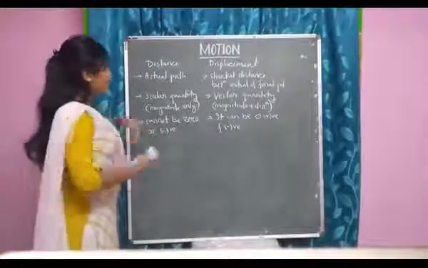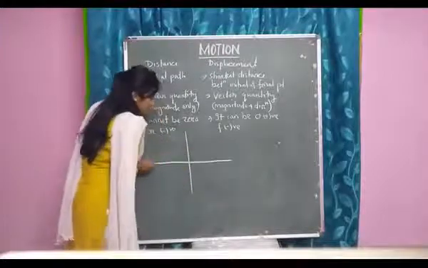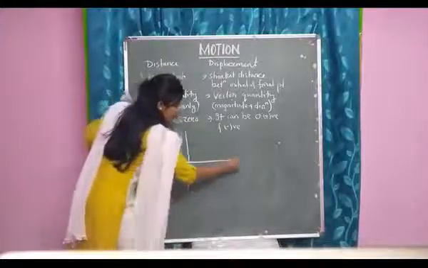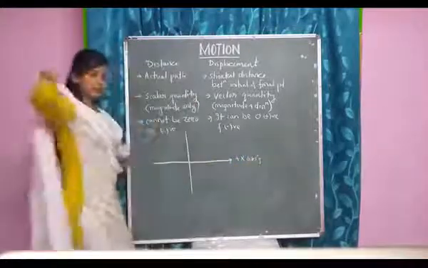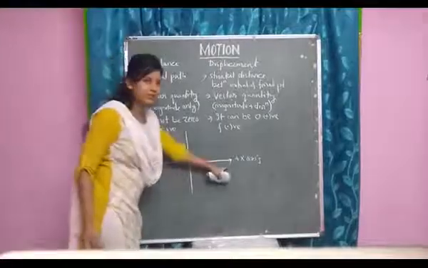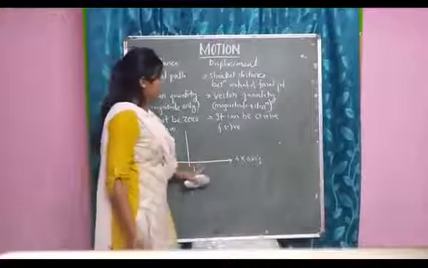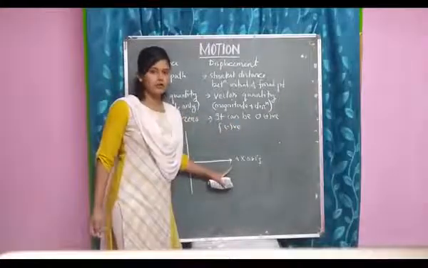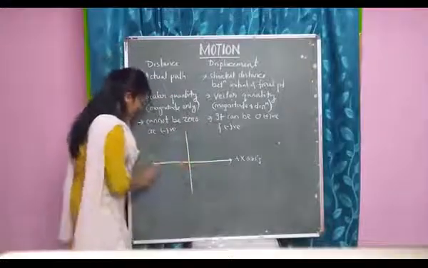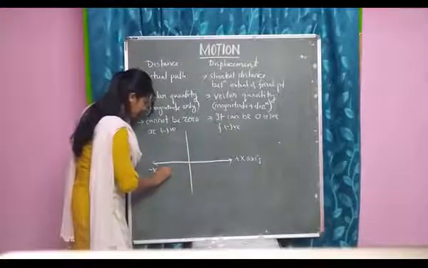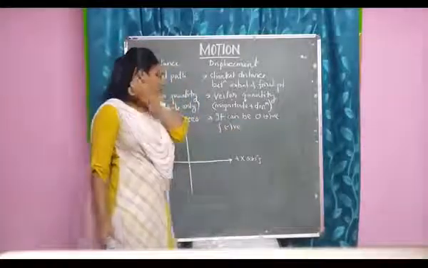Suppose this is my coordinate system and this is our plus x axis. If a body is moving along this direction, we will say that it has positive direction. If the body moves left, then displacement can have a negative value.